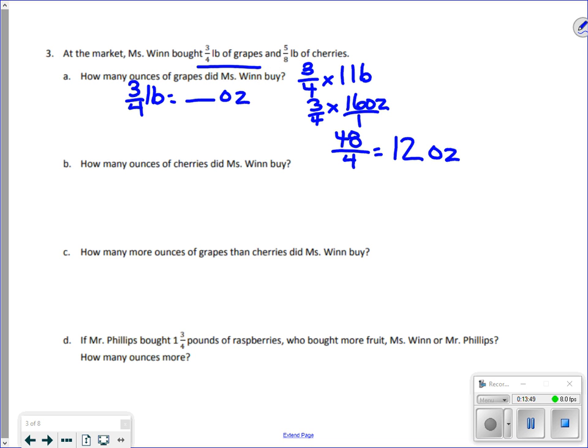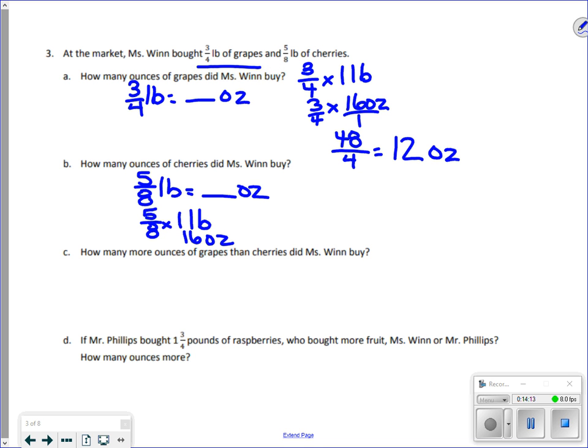How many ounces of cherries? Well, she bought 5/8 of a pound, and you are changing that to ounces. This one is 5/8 times 1 pound. 1 pound is 16 ounces. Now, when you guys were like, well, can you do that?